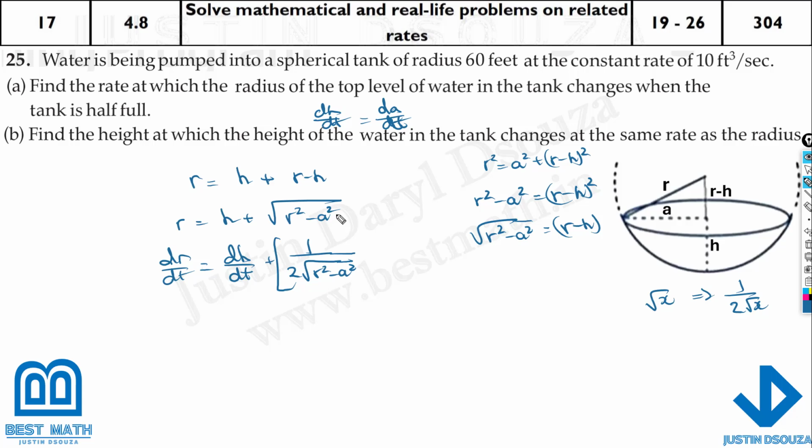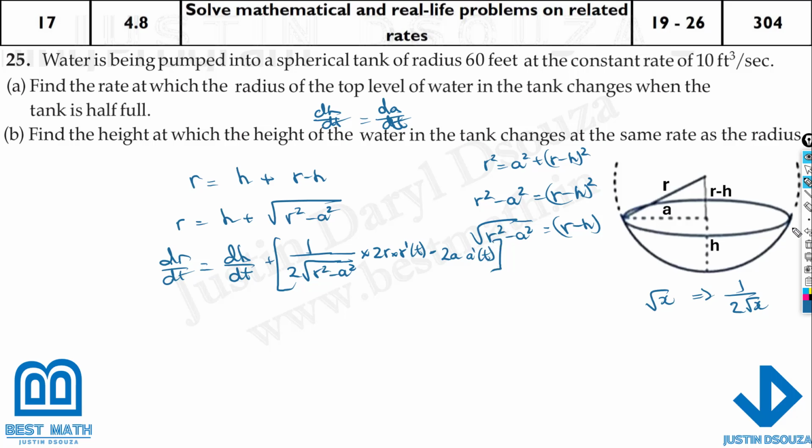And it's not over, because of the chain rule: whatever is inside we also have to differentiate. This will be 2r times r prime of t, and minus 2a times a prime of t. That is dA by dt. Okay, so that is what has happened.